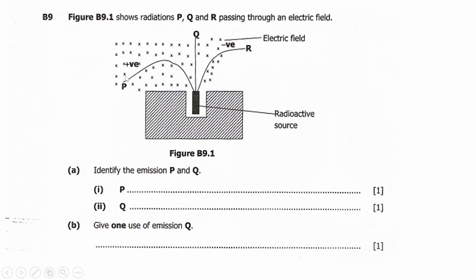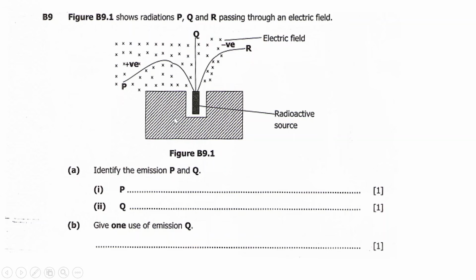This is the positive side and this is the negative side. Then this is a radioactive source, or material, which is kept in its keeping place. It is emitting three kinds of radiation, P, Q, and R, which are passing through the fields, with this being negative and this one being positive.